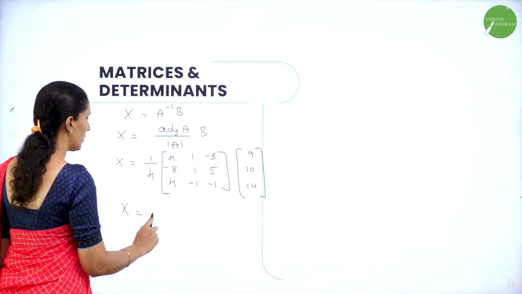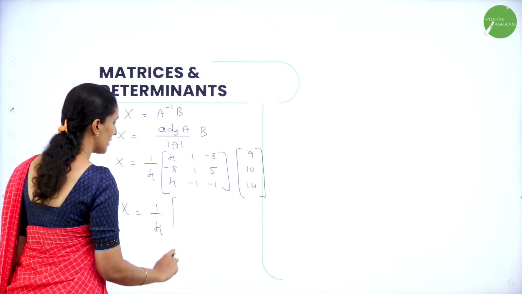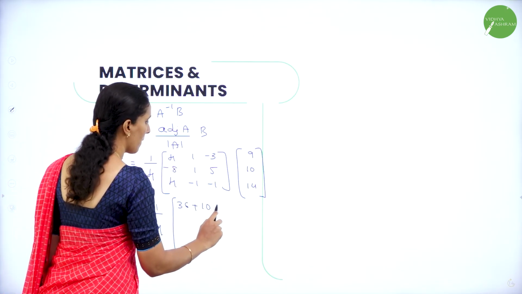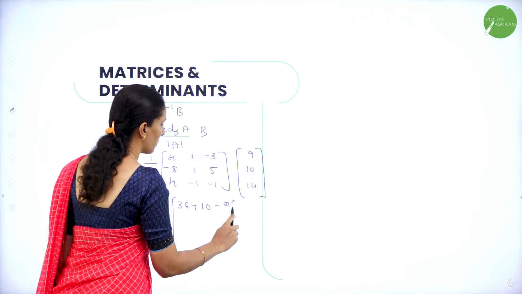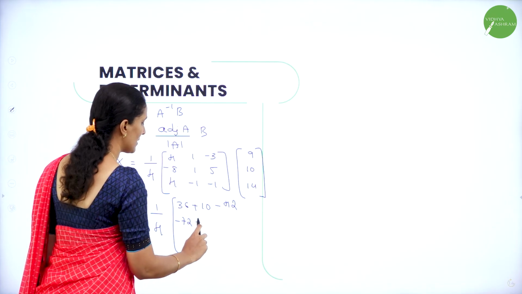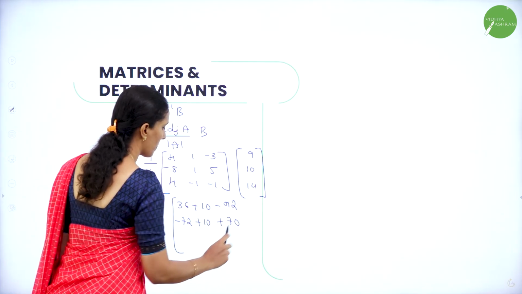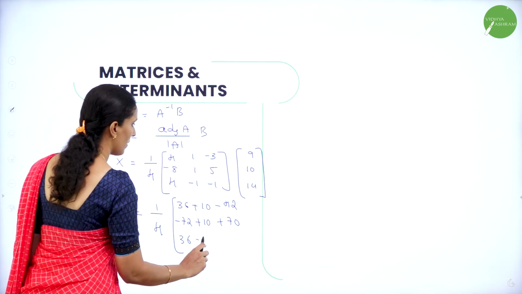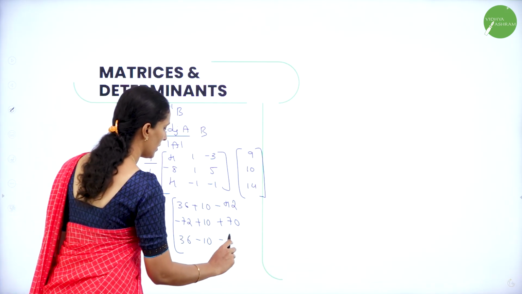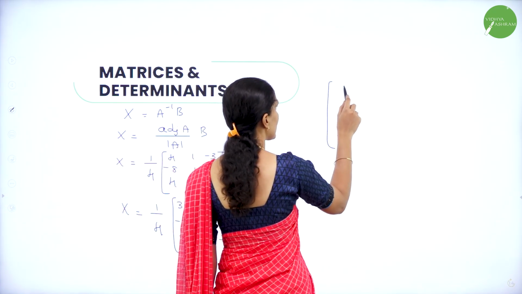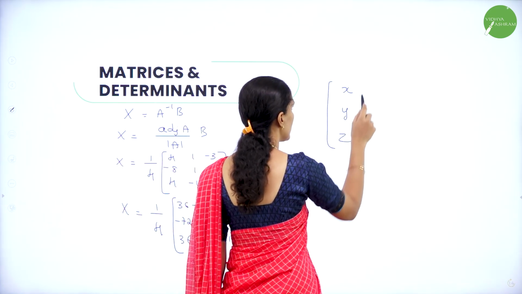So X is equal to 1 by 4. Now let us multiply. So we have 36 plus 10 minus 42. Next, minus 72 plus 10 plus 70. Next we have 36 minus 10 minus 14. So on solving this, we take X as x, y, z.